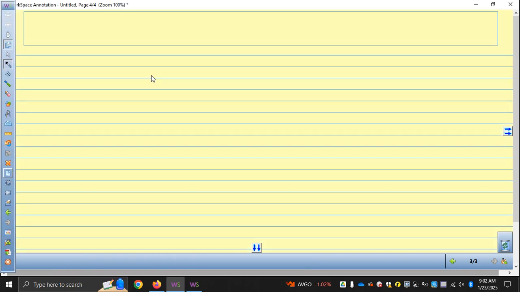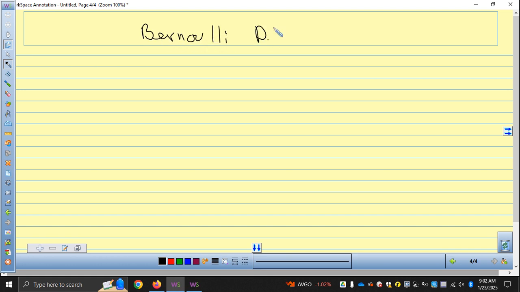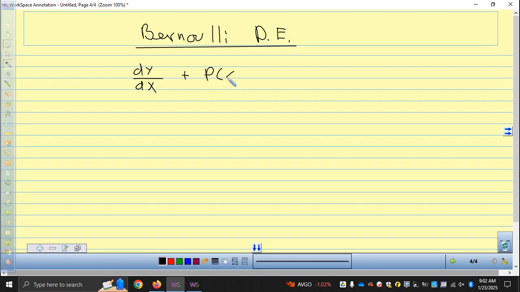Next substitution is Bernoulli differential equations. Bernoulli differential equations are almost first-order linear differential equations. They look like this: dy/dx plus p of x y equals f of x times y to the n. This y to the n makes it nonlinear.